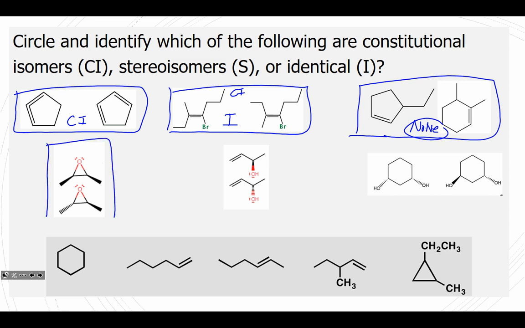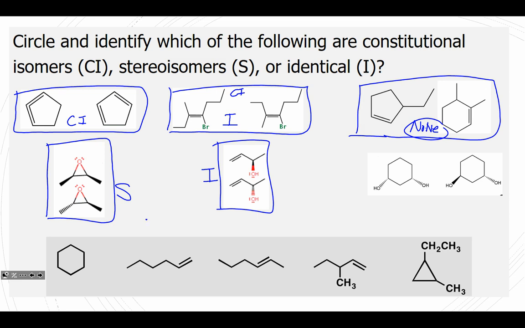Right here. These are stereoisomers. Good. What about these two right here? They are identical. All that's doing is showing the hydroxide coming out or going back, but it doesn't have anything to do with it. Why are these stereo? Because the dashed line means it's going back into the plane, and the solid line means it's coming up.